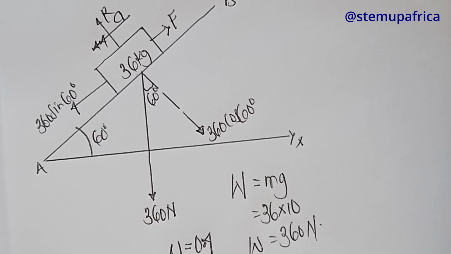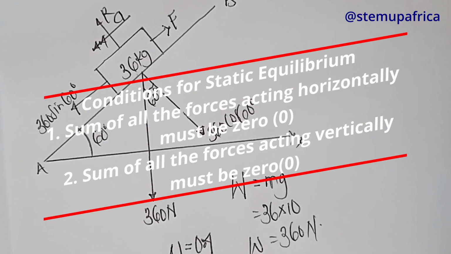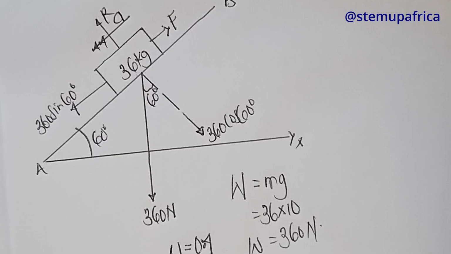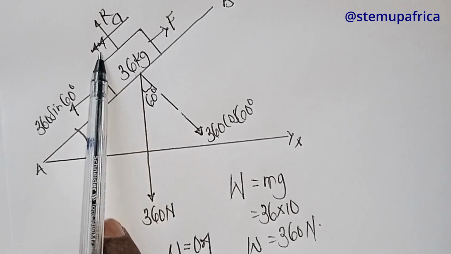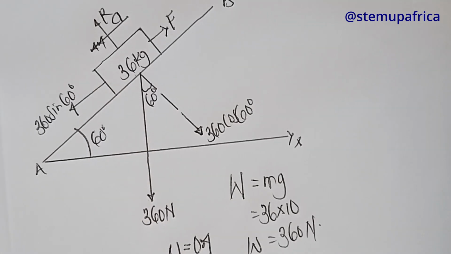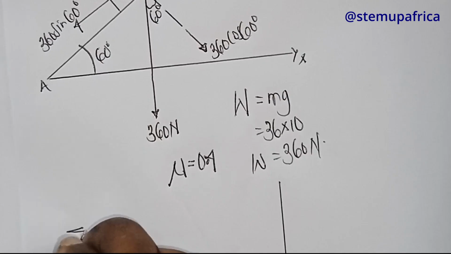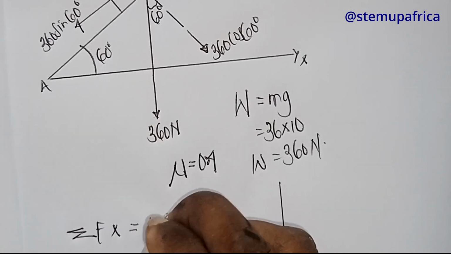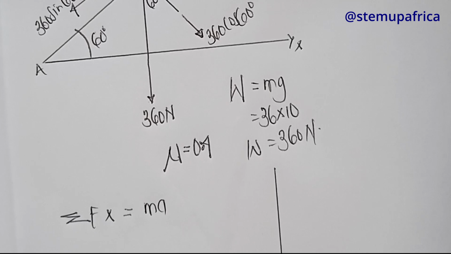For a static equilibrium, first, the sum of all the forces acting horizontally must be 0. Second, the sum of all the forces acting vertically must be 0. What happens if the system is dynamic? That means it involves acceleration. In that case, the summation of Fx will no longer be 0, but what? Ma, mass times acceleration.